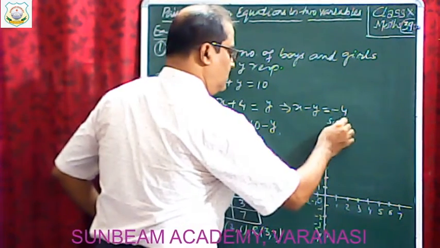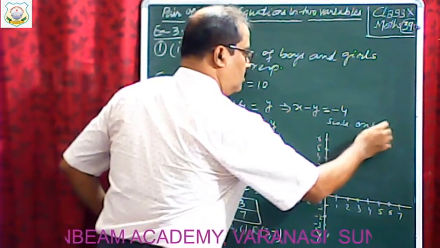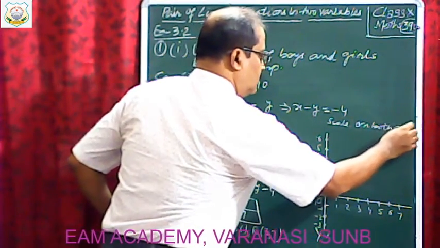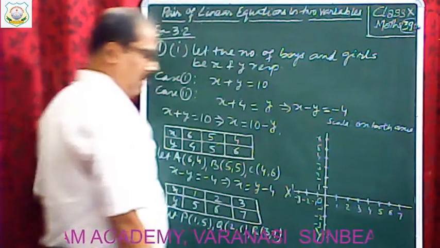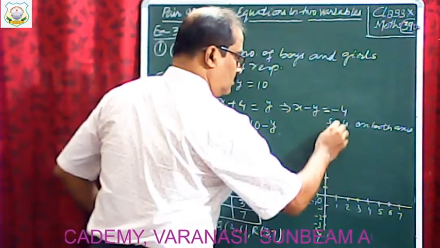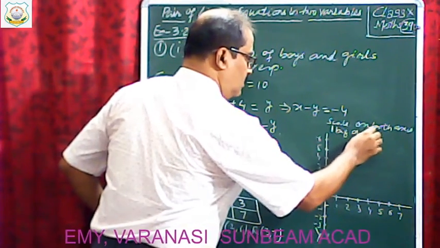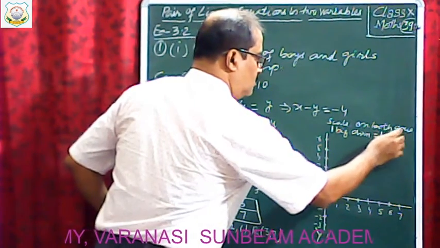Scale you have to write on both axes: one big division equal to one student.